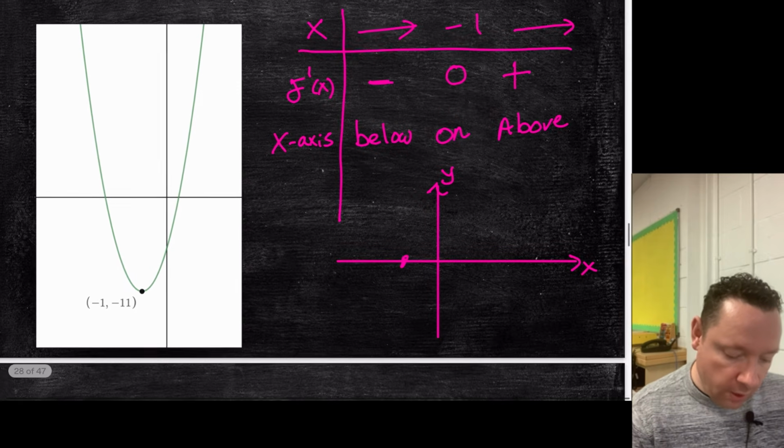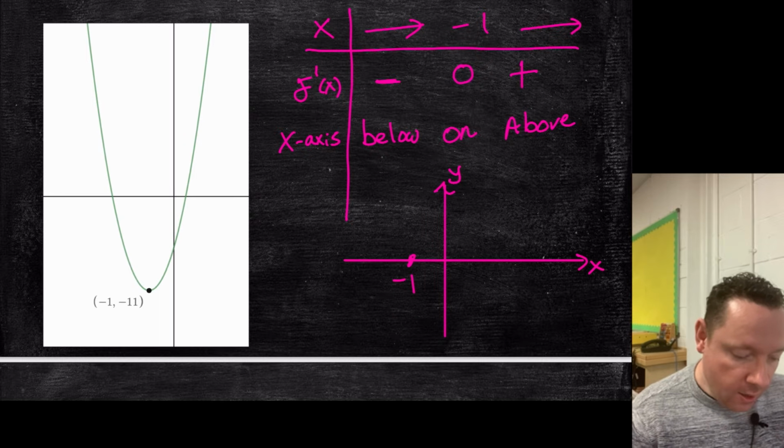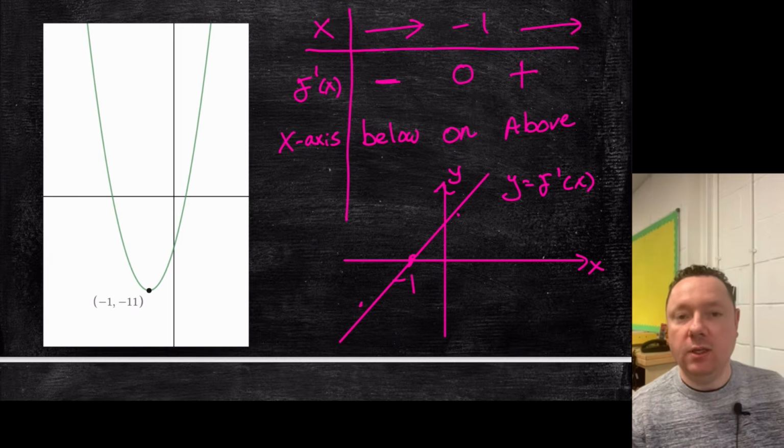We note -1 is where it is on the x-axis, and we just notice before -1, it is below the x-axis, so it's down here, and above -1, it is above the x-axis. So we're getting a straight line that goes through -1. So there we go, there's the graph of y equals f dash x, and we're done there.